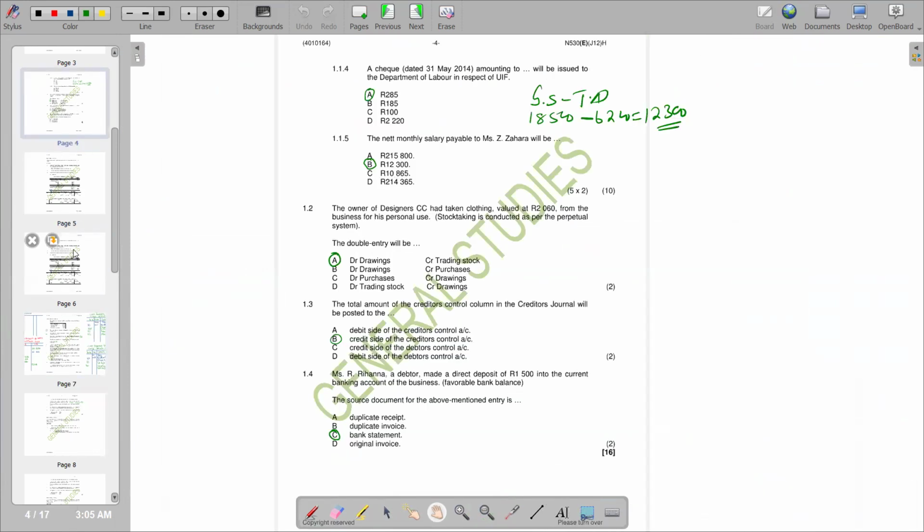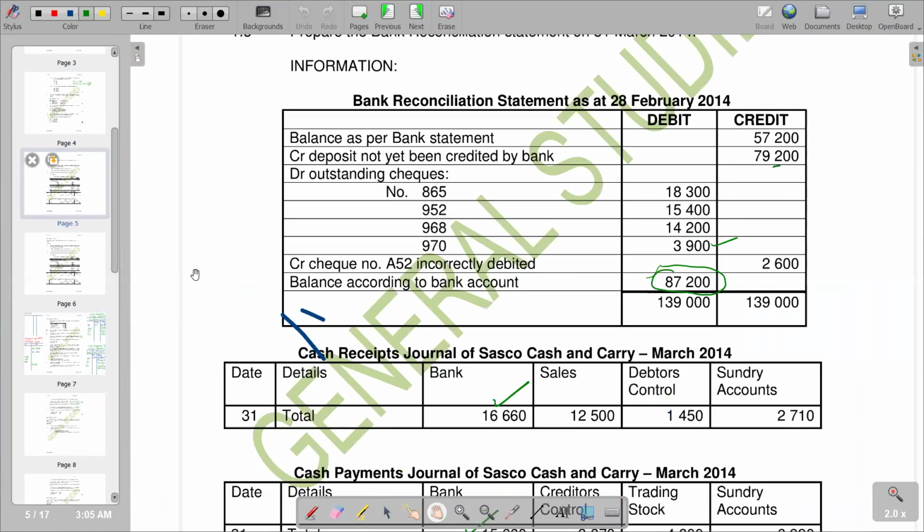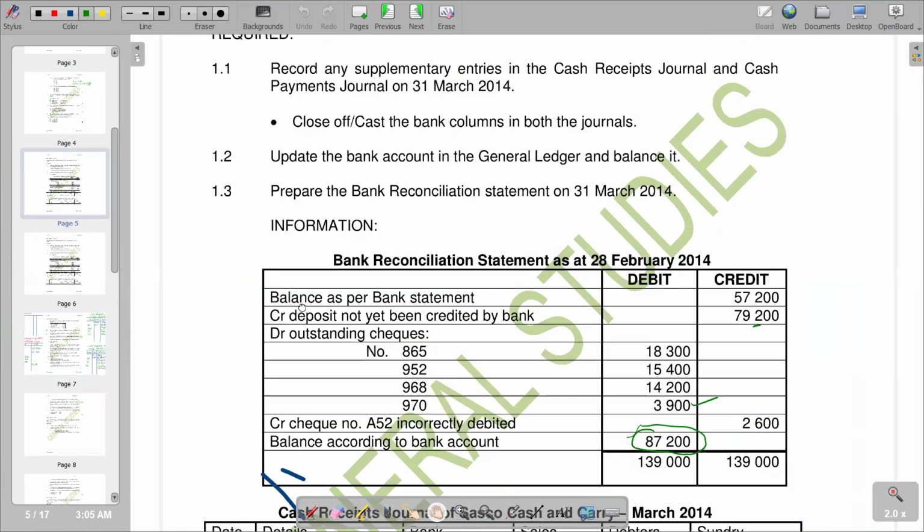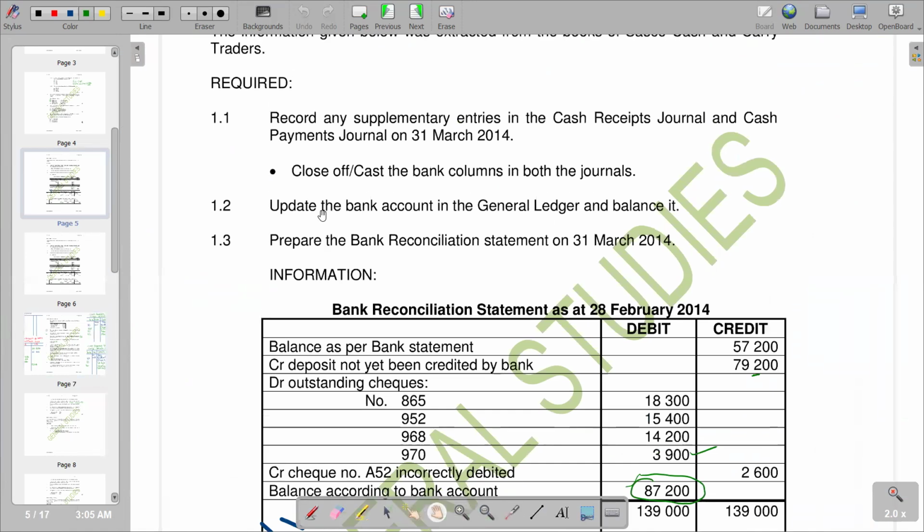Let's just try to revisit where we have the question. The question is giving an instruction to close off or cast the bank column in both the journals. So what is going to be closed off is the bank columns only.